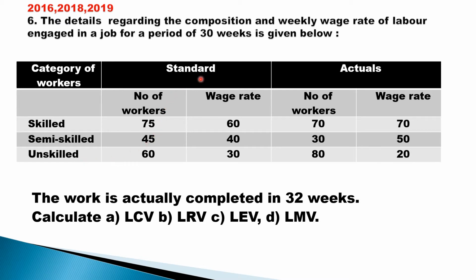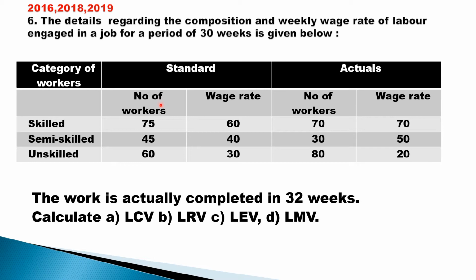So standard, we have number of workers 75, whereas actual number of workers 70. That means we expected 75 skilled workers, but actually 70 skilled workers have worked. Similarly, in standard, we expected 45 semi-skilled workers, but we got only 30 semi-skilled workers.